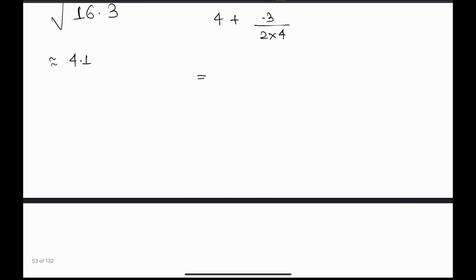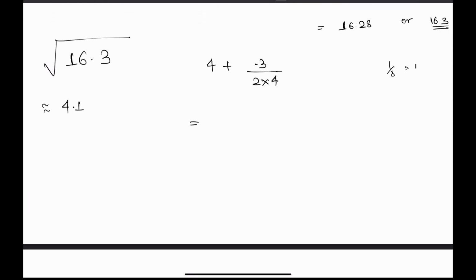How much will it be? This is already 1 by 8, and 1 by 8 is 0.125. So 0.125 into 0.3 will be 0.0375, so it is something very small, like 4.037. So we can either write 4 or 4.1, which will also work in this type of question.